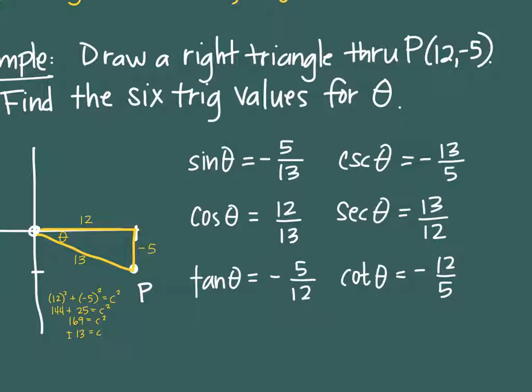I would mark you probably wrong if you wrote the negative in the denominator. Like if you moved this negative right here down by the -5, we never put negatives in the denominator, so that's why I usually just put my negative out front. So as long as you get your triangle right, then the 6 trig values just sort of come perfectly right in there. Okay, any questions on that one so far?